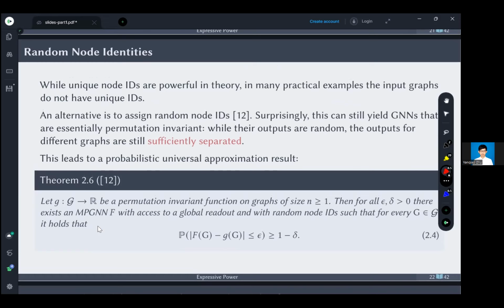For example, in many molecule benchmarks or some social network benchmarks, you don't have node features at all, but you have a graph-level label. Previously, for a graph with no node features, we would just give every node, for example, 1 as the sole node feature. But here we can arbitrarily assign some numbers to the nodes.